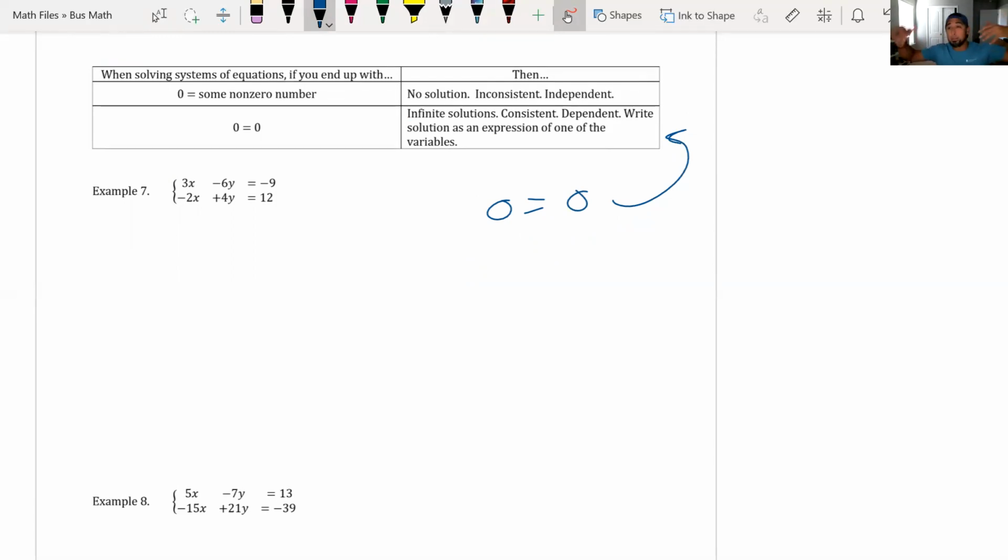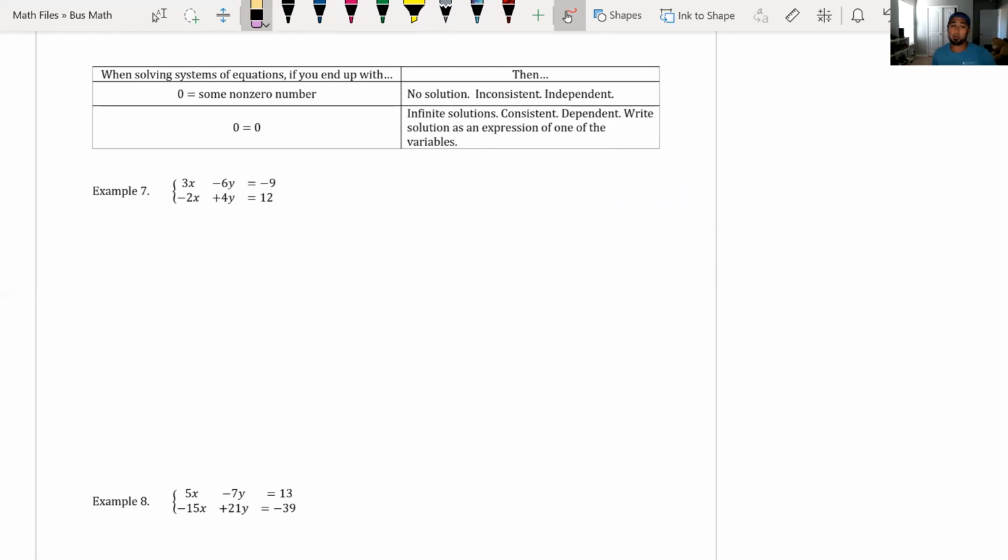It has infinitely many solutions. This means that the lines, the equations, are exactly the same and lie right on top of each other, intersecting at every single point. So that's why it's infinitely many solutions.